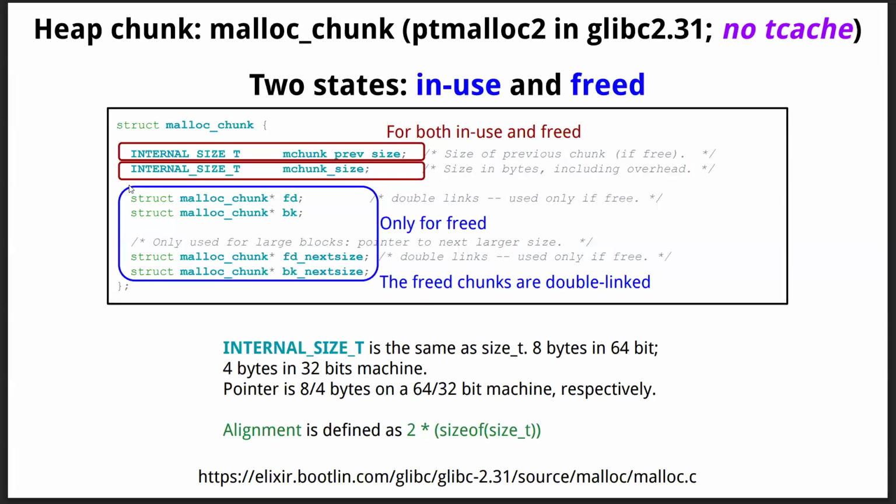There is a forward link to the next available chunk, and a backward link to the previous available chunk. So only freed chunks are linked together using a double link in the older version. If they are larger size, there are also other pointers. So the blue block here is only used when this chunk is freed. When this chunk is in use, this is where user data is stored.